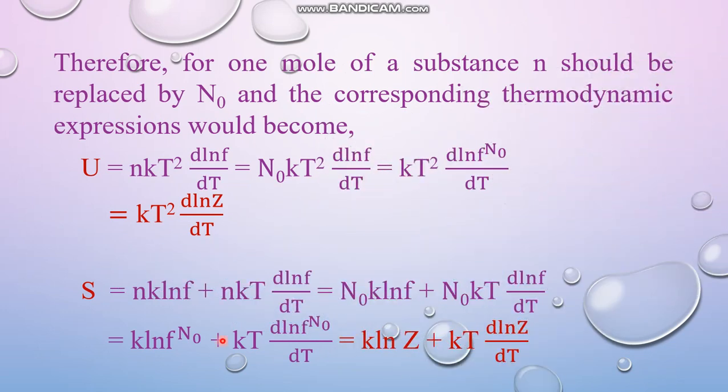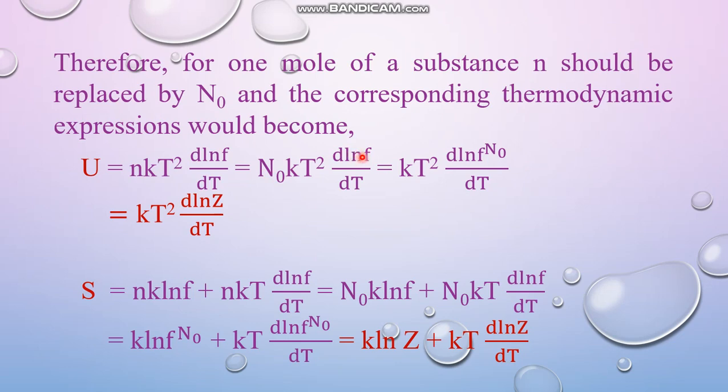So for 1 mole of a substance, n should be replaced by n0, and the corresponding thermodynamic expressions become, look, how easy that is. U equals N k T square d ln f by dT. In place of N, you write n0, so n0 k T square d ln f by dT, and this n0 would go to the power of f, because this is a logarithm.